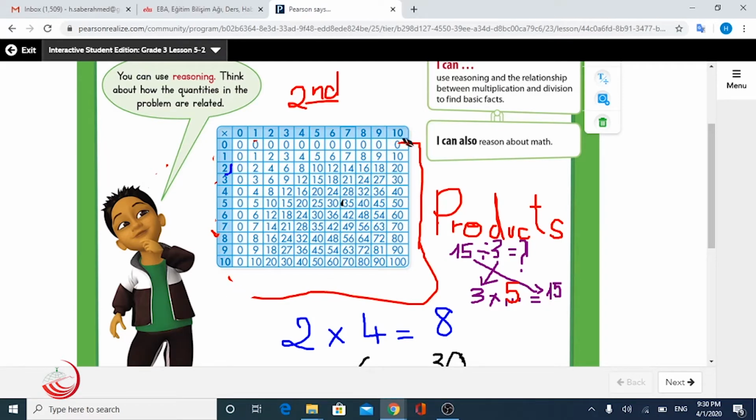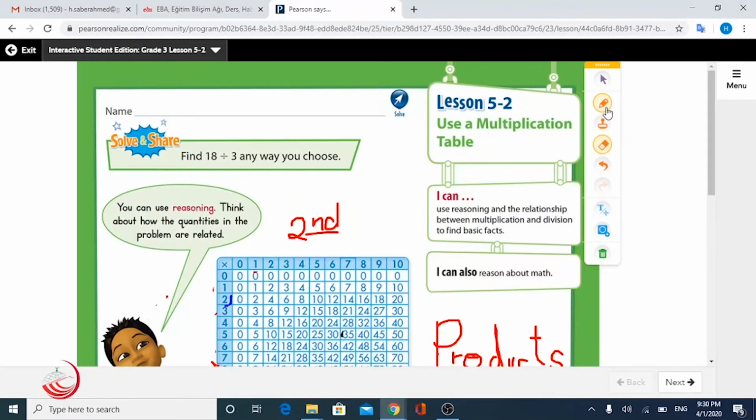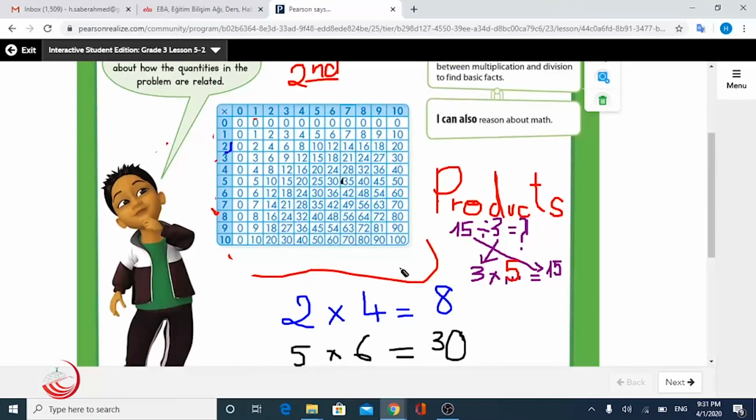Very good. All right, boys and girls, look. Now I know that the unshaded area is products. When I say it's product, this means they are dividends.